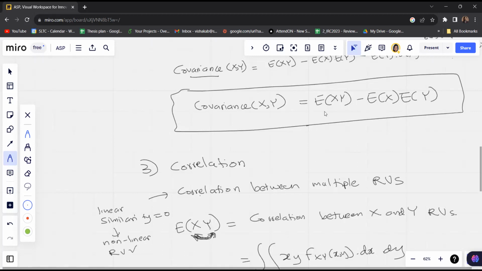We will say that the linear relationship is 0. However, there could be some other dependencies between these two random variables.